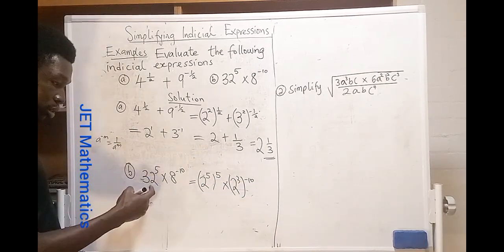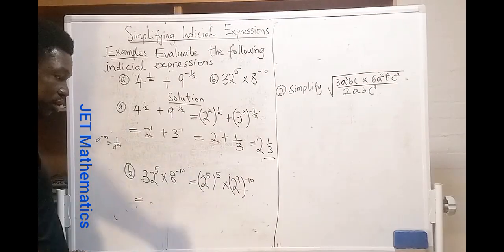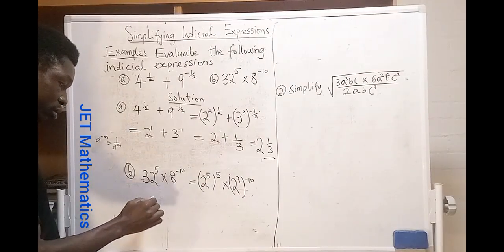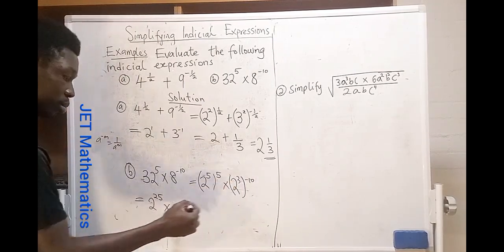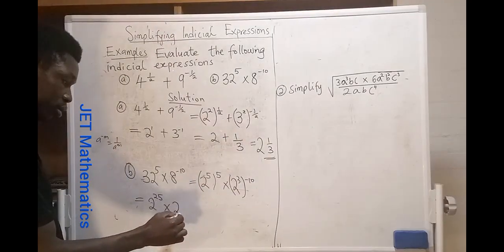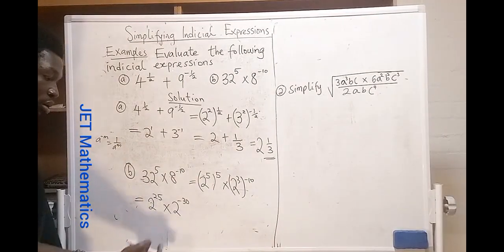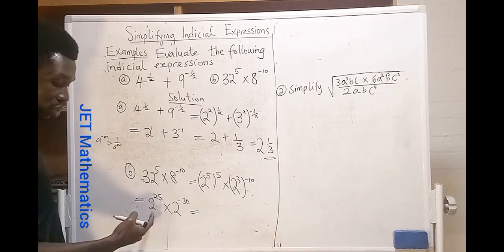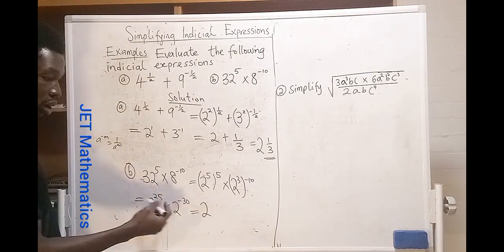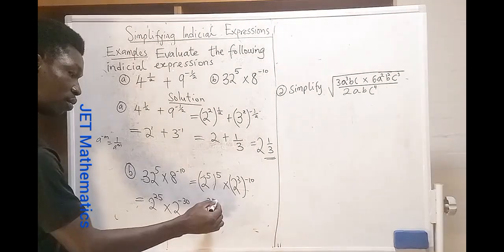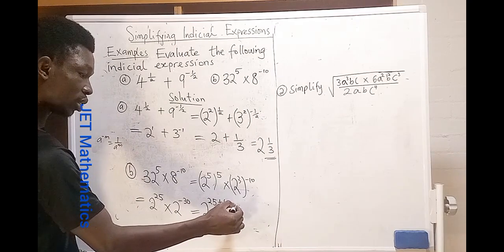So this gives us 5 times 5 is 25. So we have 2 raised to the power 25 times, this times this is 30. So that gives us 2 raised to the power minus 30. Applying the laws of indices here, we're having the same base, 2, and then here we have 25 plus, because it's multiplication, you add minus 30.